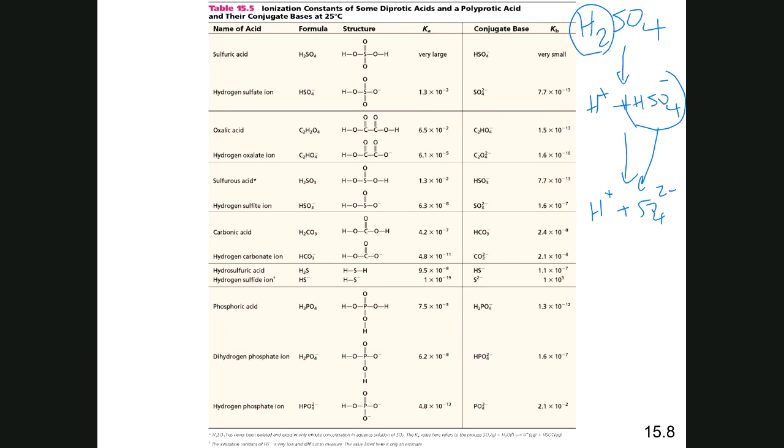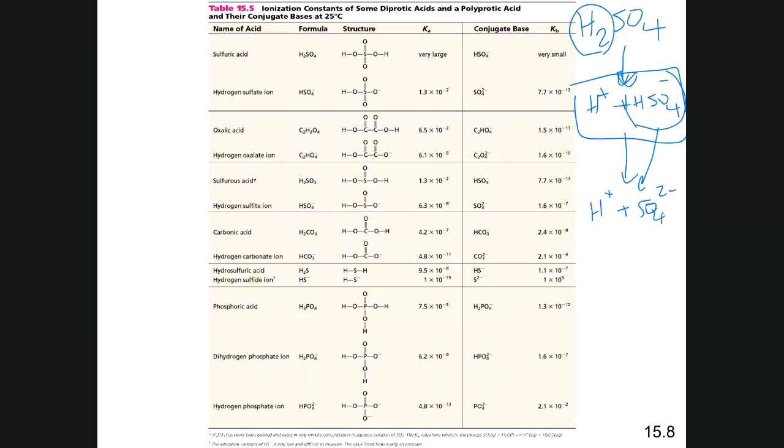So 1 proton at a time would leave the acid. If you have more than 1 proton, it's known as a diprotic acid. The first step is going to be fast, so this is going to have a large Ka, but we don't have it because H2SO4 is a strong acid.